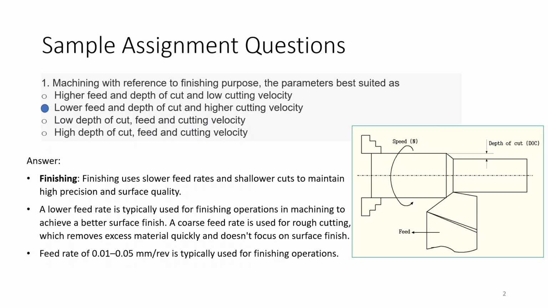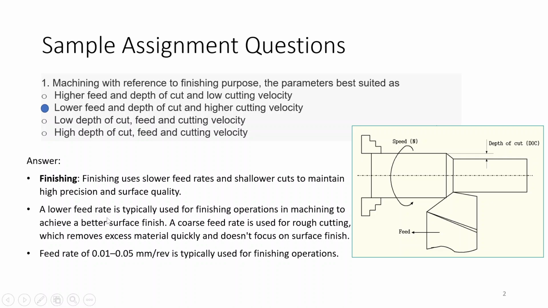So what happens in finishing? You require a finished surface, so a surface with very little roughness. For that you always use lower feed rate and lower depth of cut but higher cutting velocity. Finishing uses slower feed rates and shallower cuts to maintain high precision and surface quality.